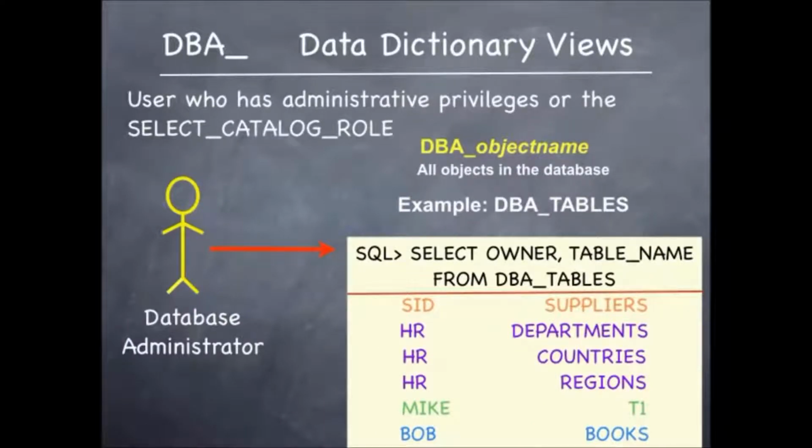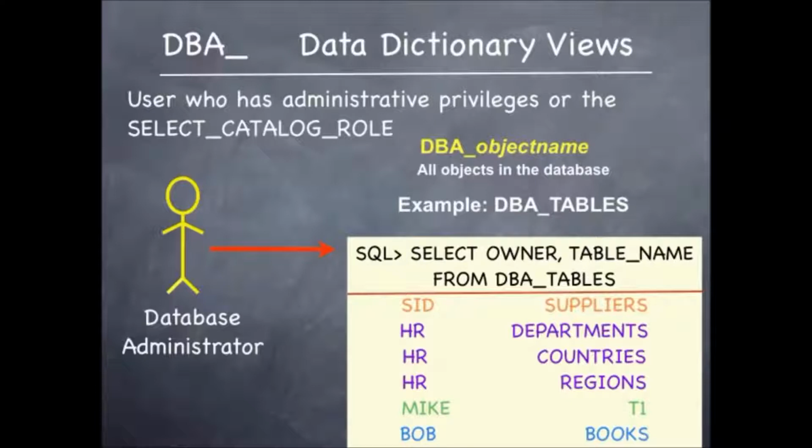The data dictionary view that has the prefix of DBA_ is accessible to a user who has administrative privileges, or more specifically has been given a predefined role called the SELECT_CATALOG_ROLE. Here we're looking at a specific data dictionary view that has a prefix of DBA_, which contains information about tables.